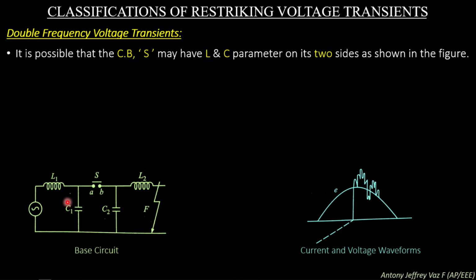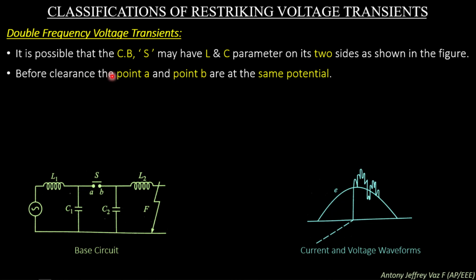This inductance and capacitance represents the generator, transformer, inductance and capacitance. Similarly, this capacitance and inductance represents the long transmission line parameters. These two parameters are separated by the circuit breaker S.